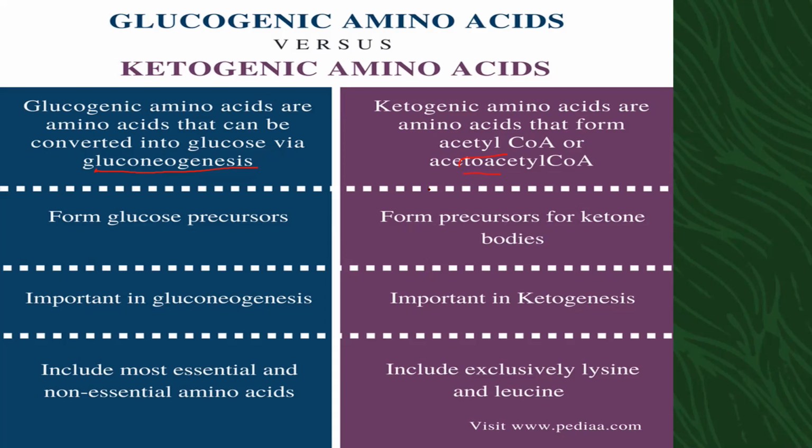But aside from lysine and leucine, we also have isoleucine, phenylalanine, tryptophan, and tyrosine. However, take note: isoleucine, phenylalanine, tryptophan, and tyrosine are considered ketogenic amino acids and at the same time glucogenic amino acids.